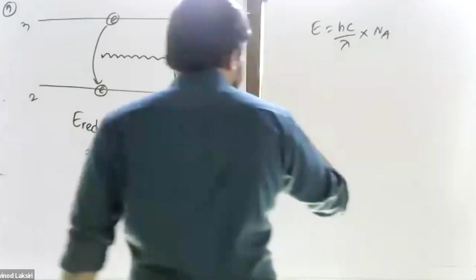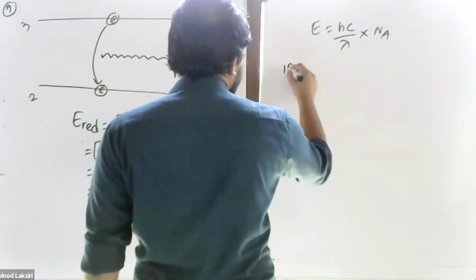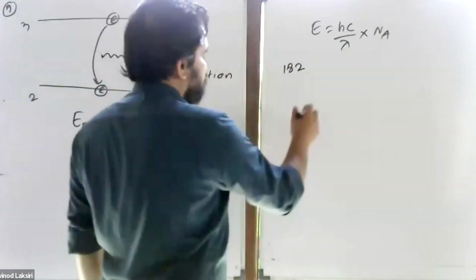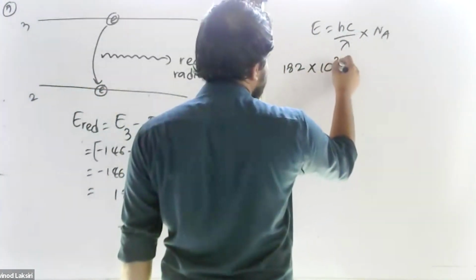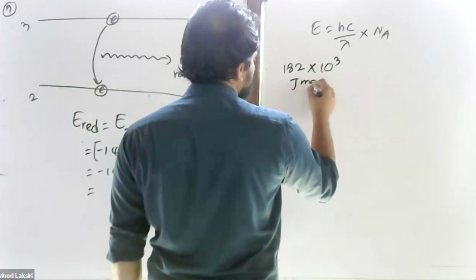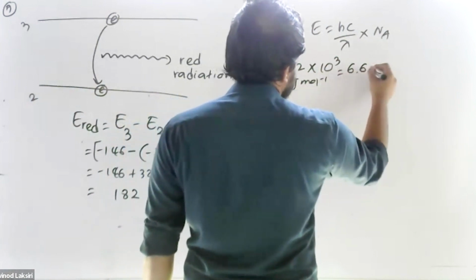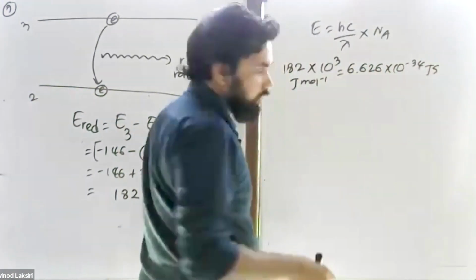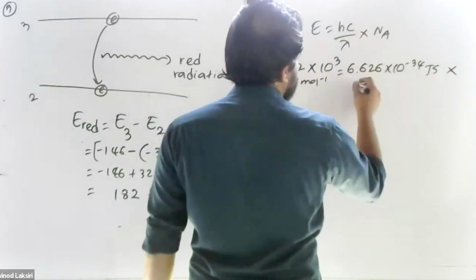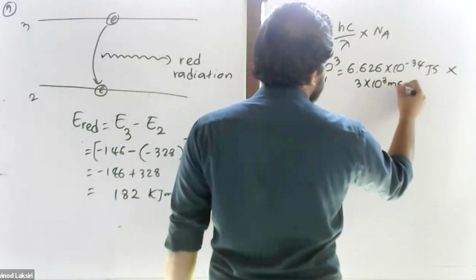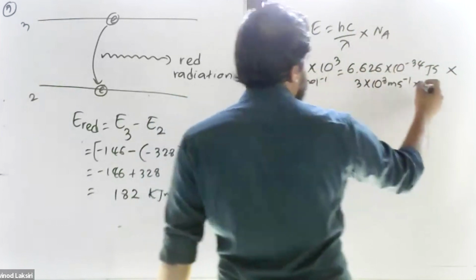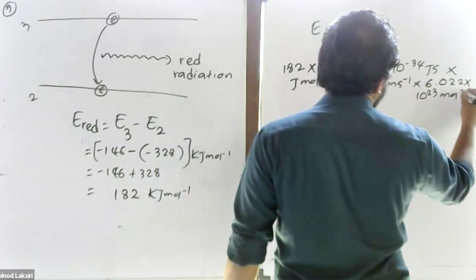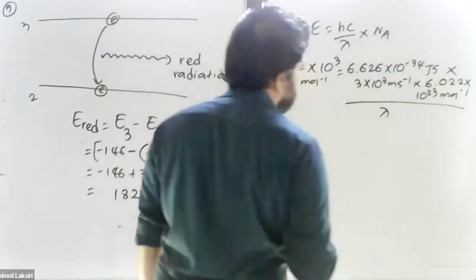Then what is the energy? 182, and here kilojoule is not the SI unit, therefore we convert to joules by multiplying by 1000 joules per mole, equals 6.626 times 10 to the power minus 34 joule seconds, multiplied by c, 3 times 10 to the power 8 meters per second, and the Avogadro constant 6.022 times 10 to the power 23 per mole, divided by lambda.